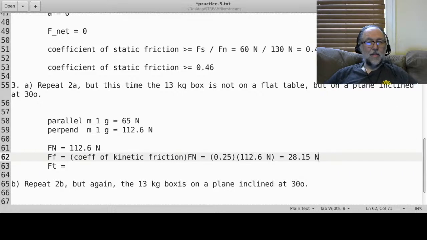I guess we could round that off, but that's okay. And now what's Ft equal to? Well, we don't know, so that's an unknown.